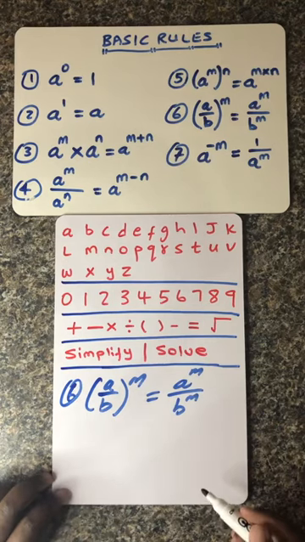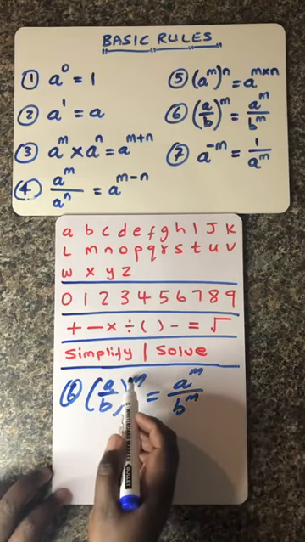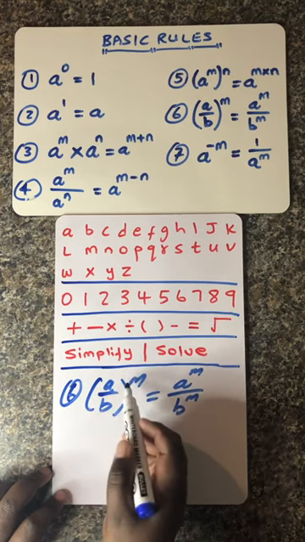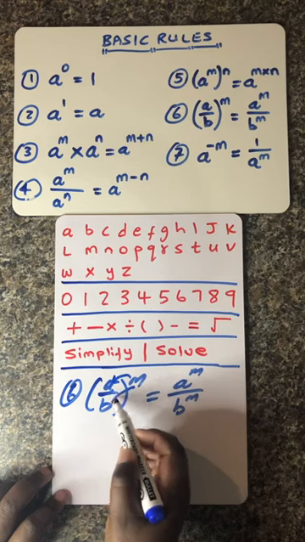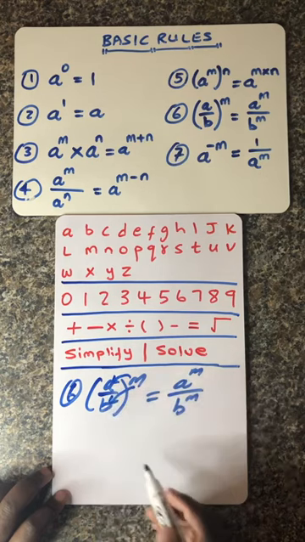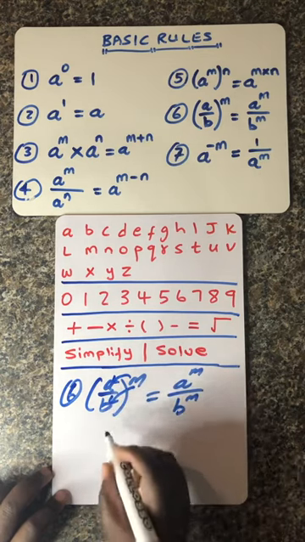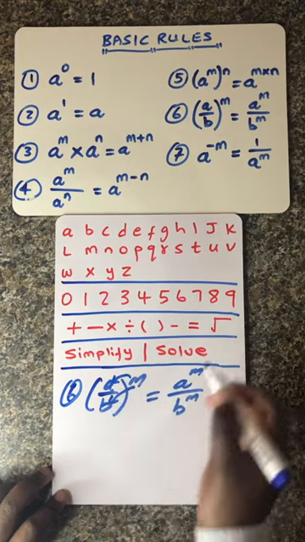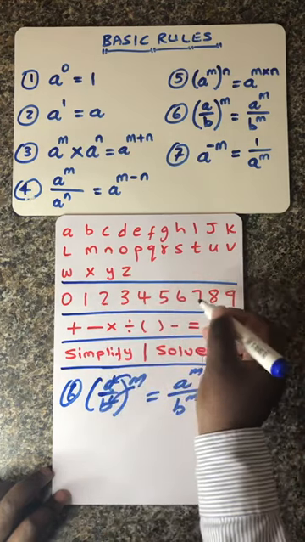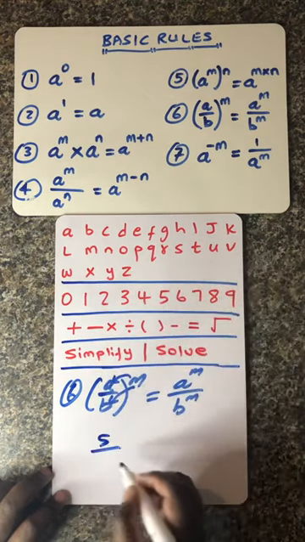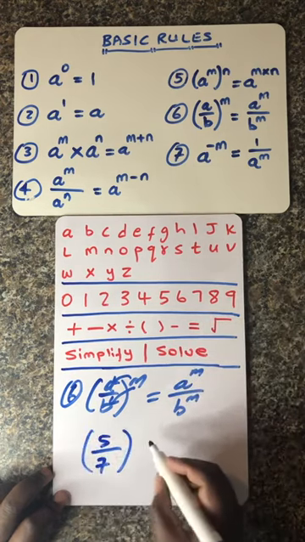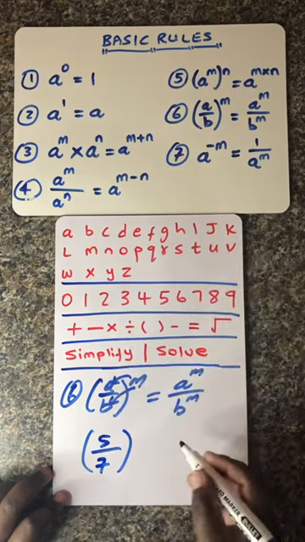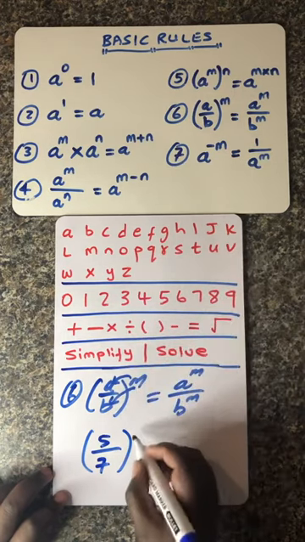What it means, guys, is that because this is the exponent, you remove these brackets by powering all these letters, a and b. So let's say our a is 5 over, let's say, 7, all to the exponent, let me use 3.